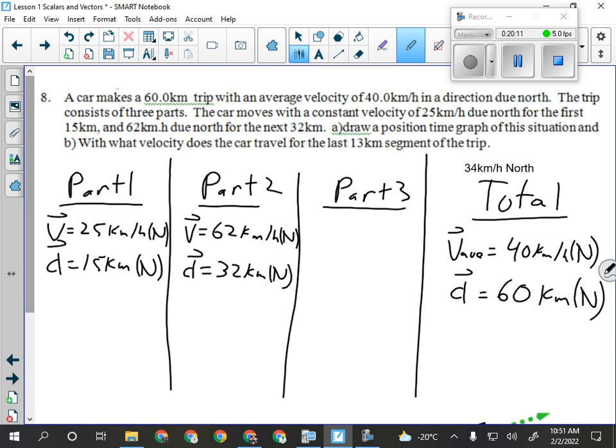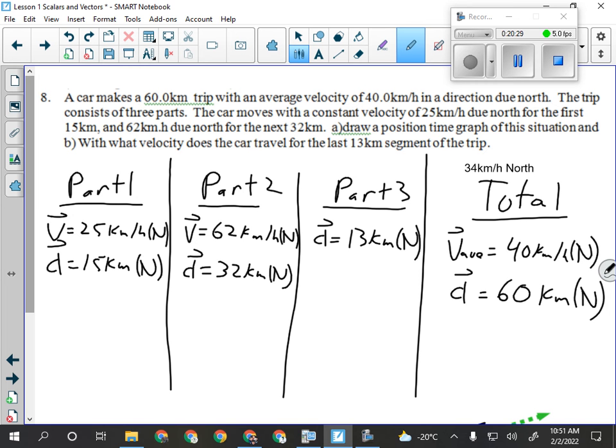Okay, with what velocity does the car travel for the last 13 kilometer segment of the trip? All right, so we know that. We know the displacement for part 3.